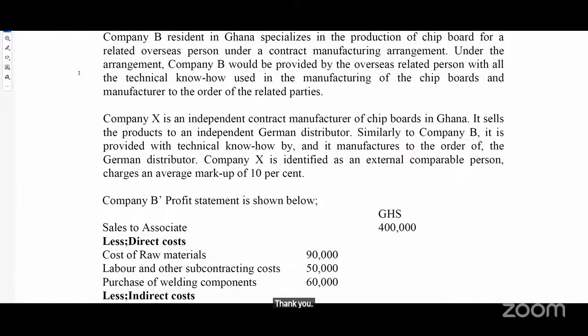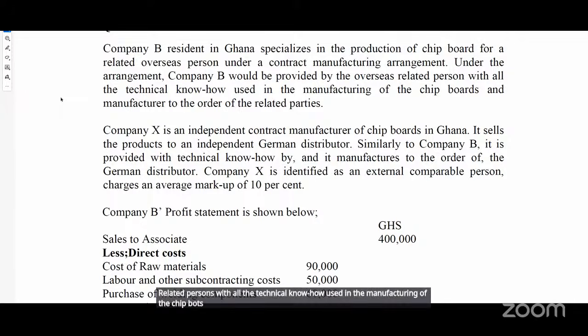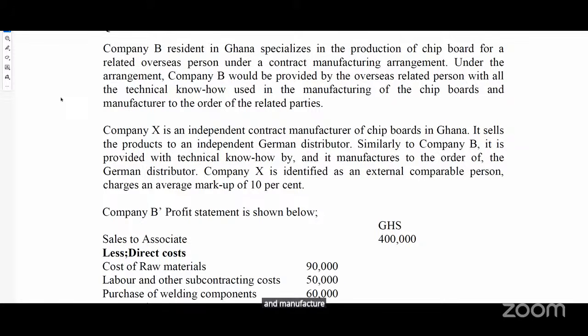Okay, please scroll up. Company B, resident in Ghana, specializes in the production of chipboard for a related overseas person under a contract manufacturing agreement. Under the arrangement, Company B is provided by the overseas related persons with all the technical know-how used in manufacturing the chipboards, and manufactures to the order of the related parties.